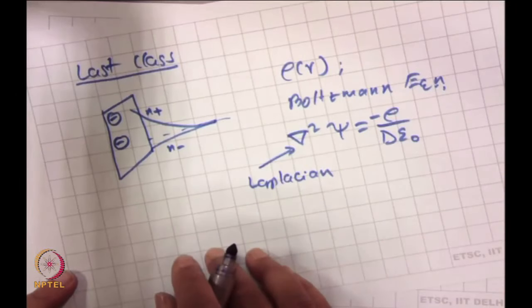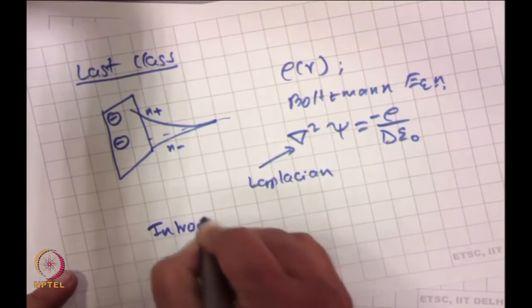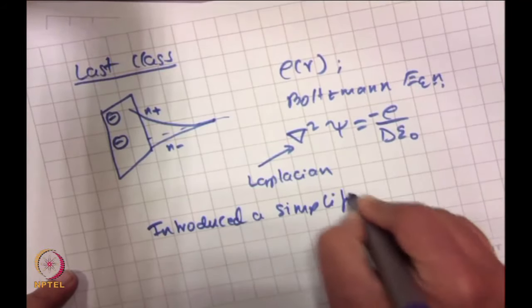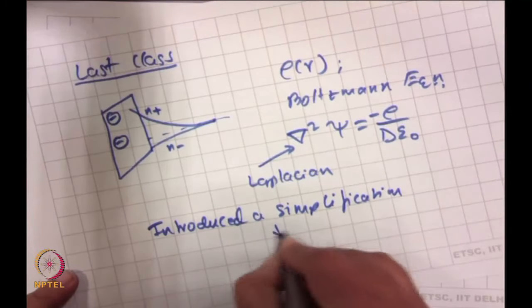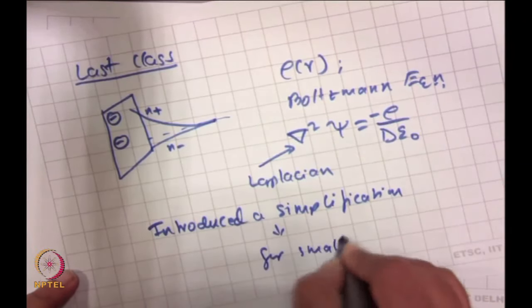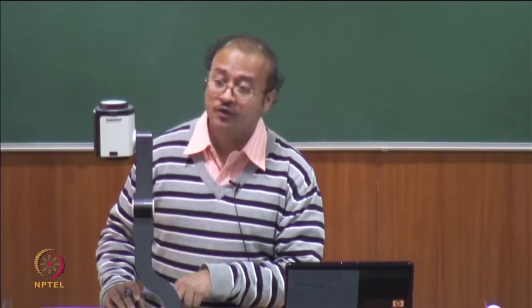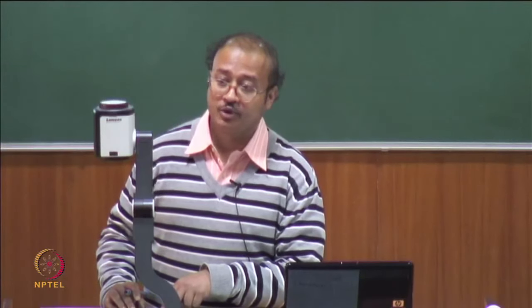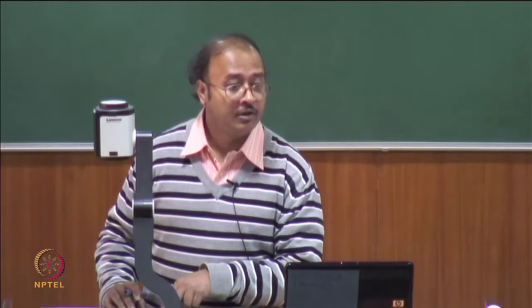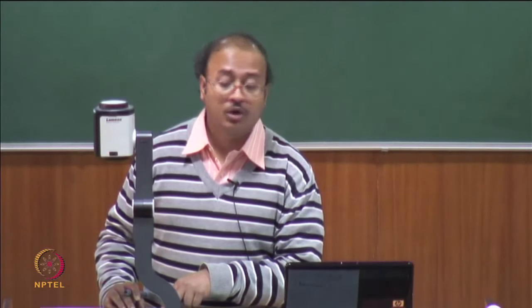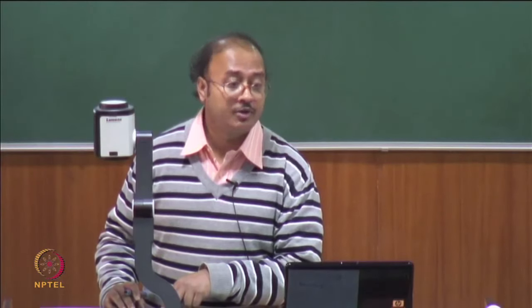Then we introduced a simplification, for small psi of x. If you have small psi of x, then z times E times psi of x over k t is much less than 1, because k t is much greater than the numerator, and hence you can use the approximation of the expansion of e to the power x and e to the power minus x.